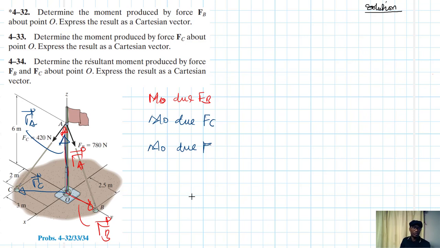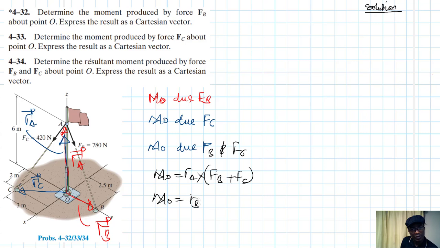And then for the moment due to FC and FB, of course, we can sum up moments. Due to FB and FC, we can either use RA itself, moment equals RA cross FB plus FC, or we can say moment itself is equal to RB cross FB plus RC cross FC.